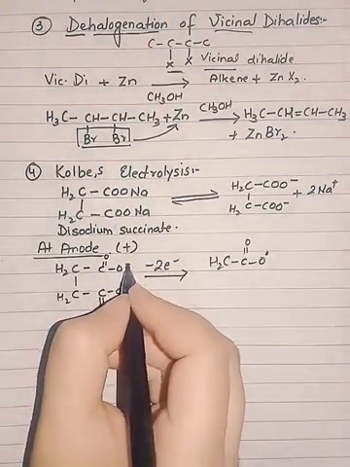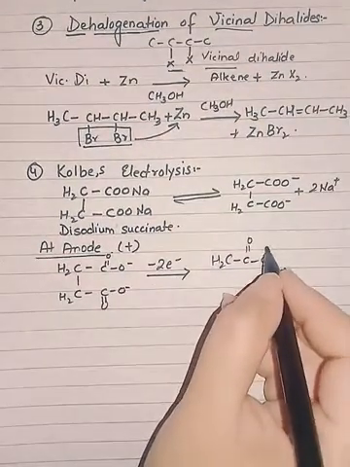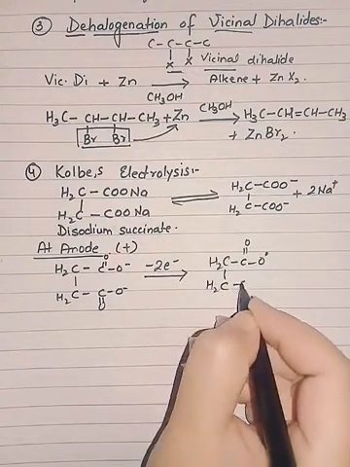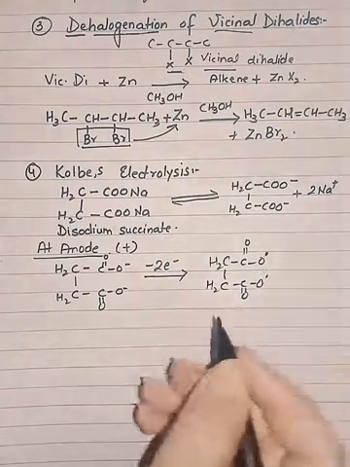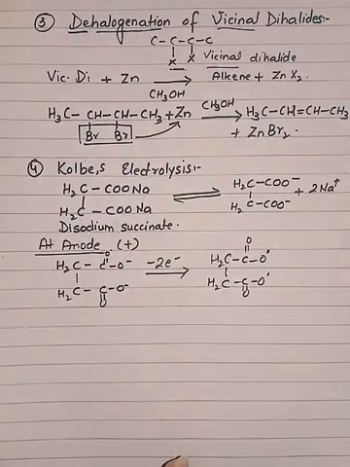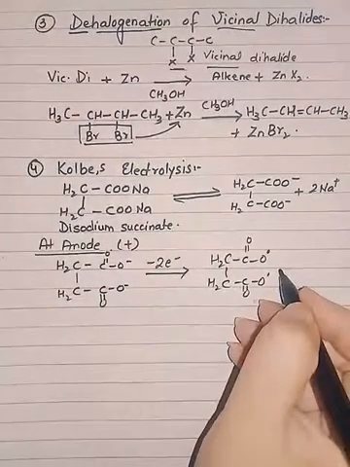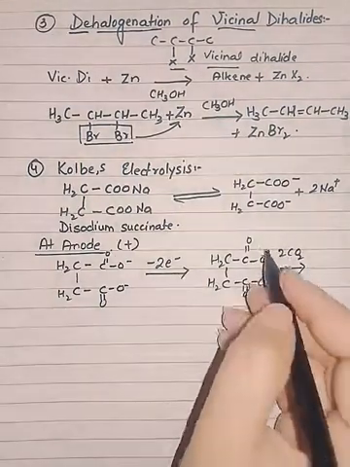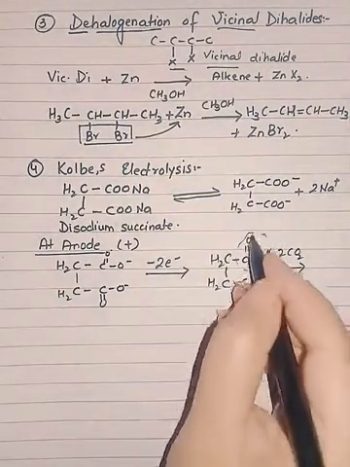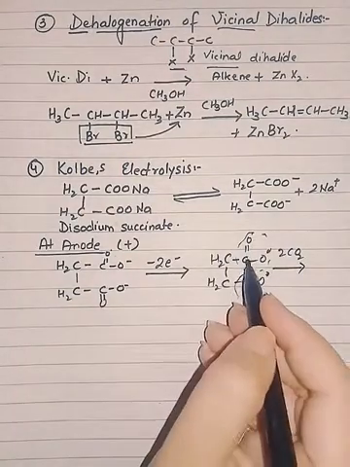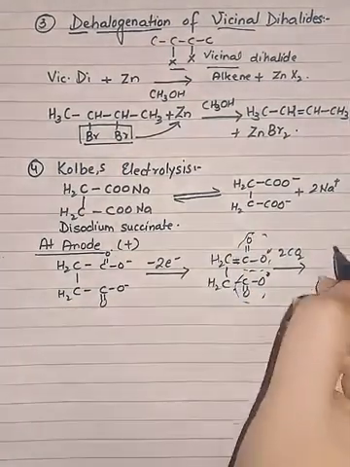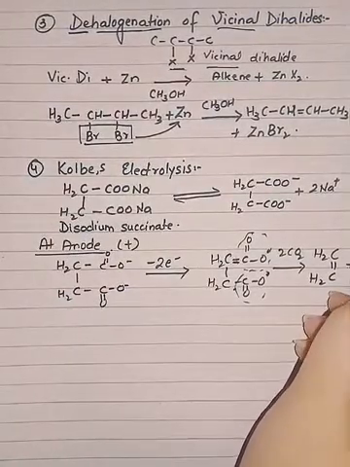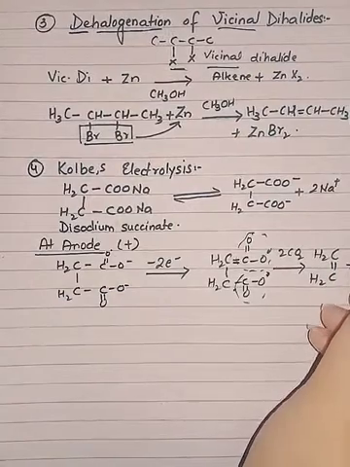When we remove 2 electrons, the electron will be unpaired. Now this will further give two molecules of carbon dioxide, CO2 and CO2. When these are removed, this bond will become free, and ultimately the two carbons will be attached by a double bond, with two carbon dioxide molecules released.